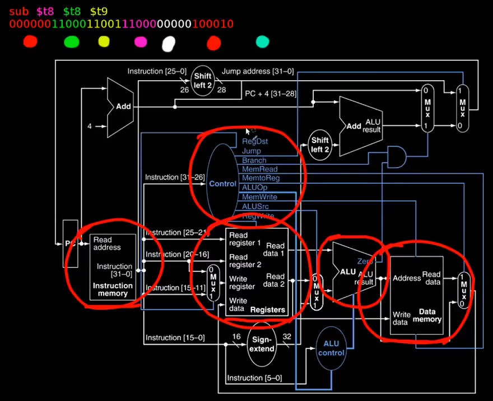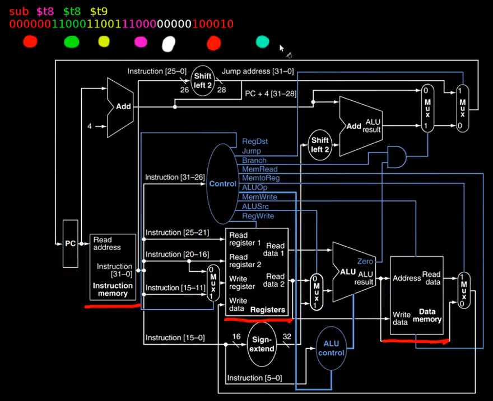Anyways, what we're going to do is, using these colors, follow how this MIPS instruction goes through the CPU. I'm going to use the red, green, yellow, and purple to indicate these individual parts of the instruction, where data on the bus comes from, and this sort of teal color to indicate that it's a mixture of most of these elements.